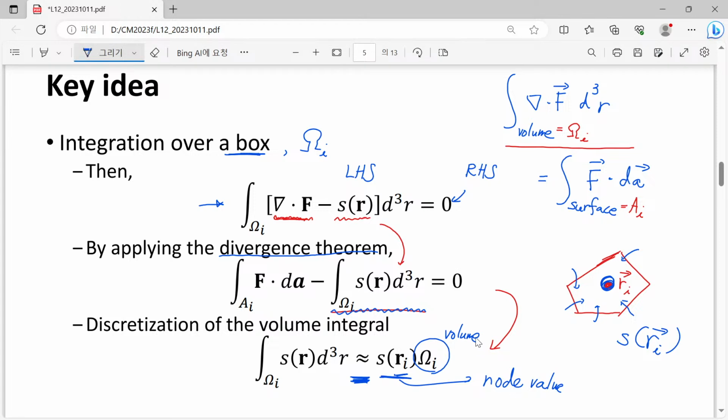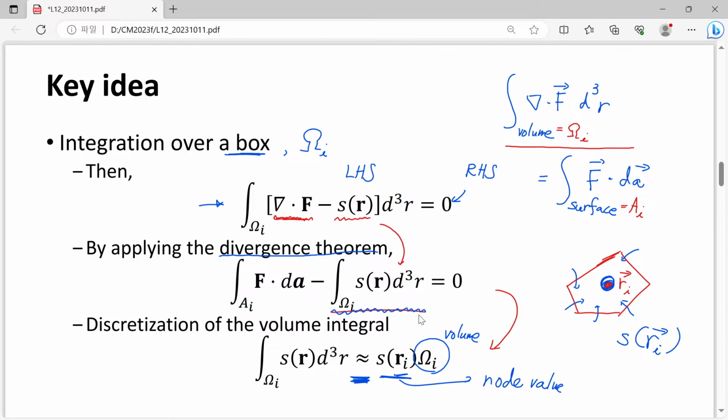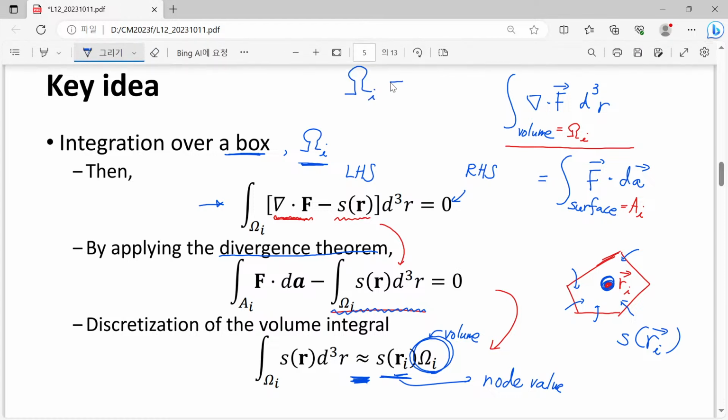So please don't be confused by my notation. Here, omega sub I is a scalar number corresponding to a volume. Sometimes I just use omega sub I to represent the box itself, so omega sub I is sometimes used to represent the box or the volume of the box.